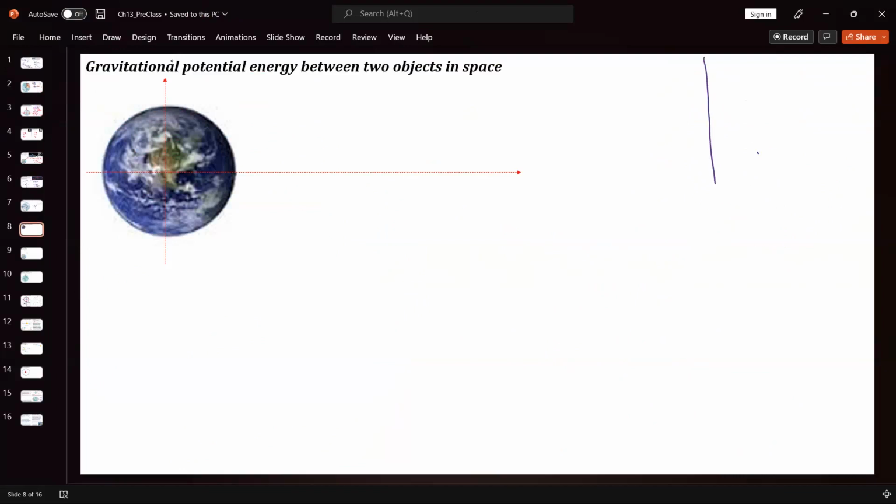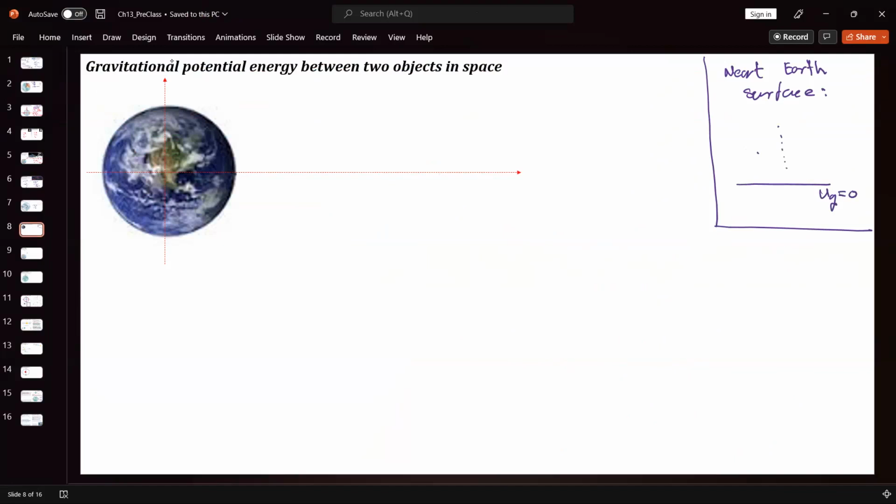If we're talking about a near Earth surface scenario, that's extremely important. Near Earth surface, we discussed this in detail. We assume the Earth surface is where the gravitational potential energy is zero.